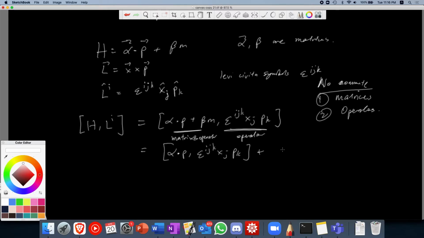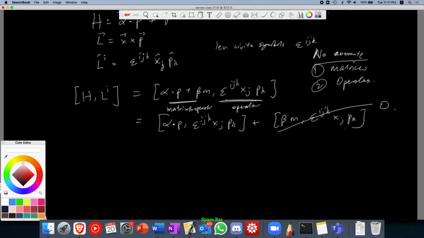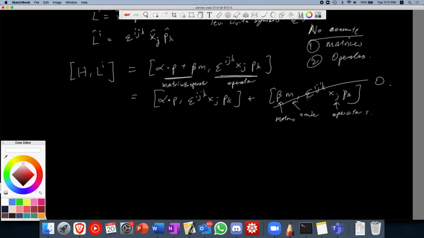And then on the other hand we have this, which is just 0, because this is a matrix and this is a number, and these are operators. They do not talk to one another. Yes, they commute with one another. So we don't have this thing to focus on.